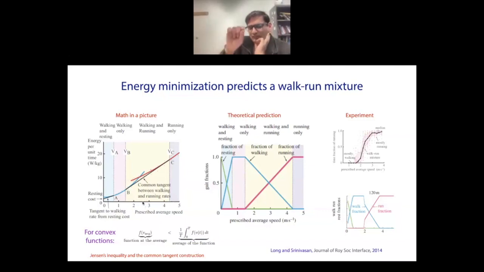You have arbitrary flexibility for the gait you choose and the speed you choose. So you have freedom that way. You could walk at lower speeds, run at higher speeds, or vice versa, and basically you're allowed to mix those gaits and speeds to get something in between walking and running. Yeah. Perfect. Thank you.